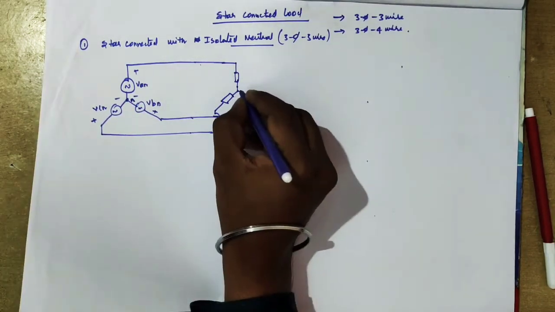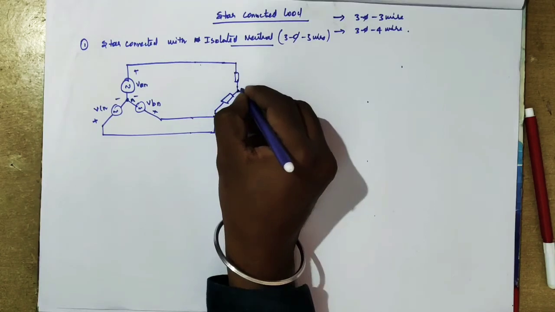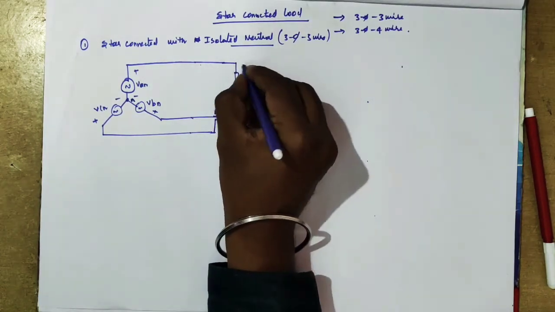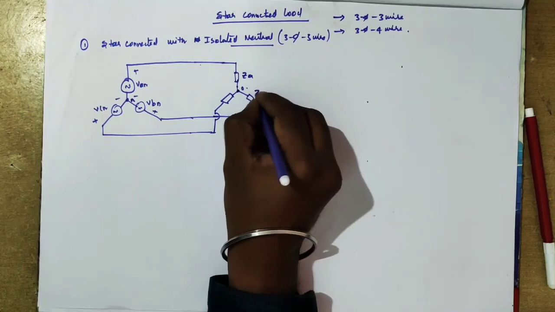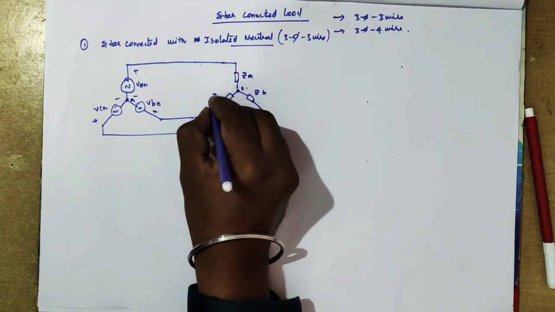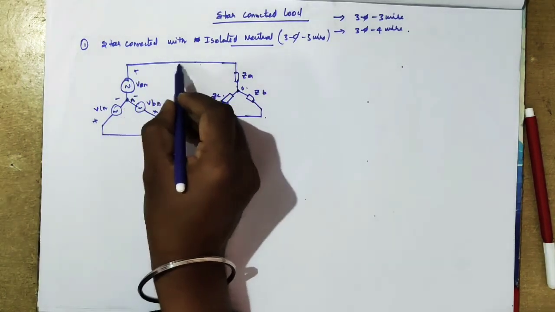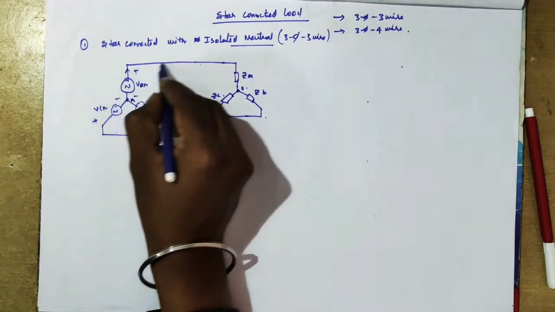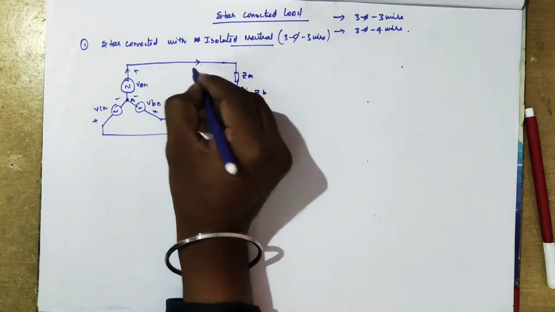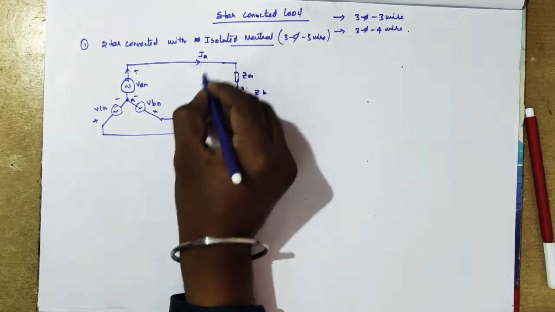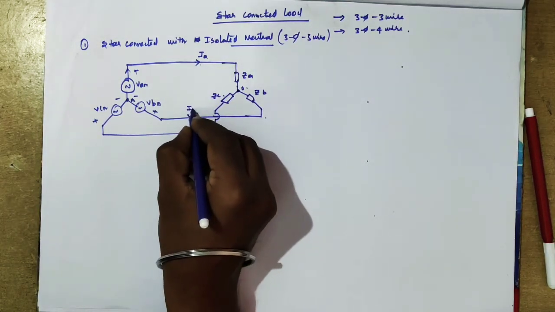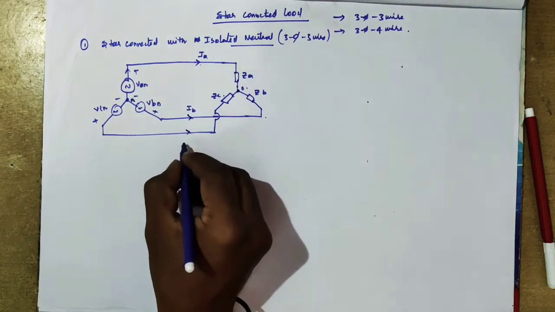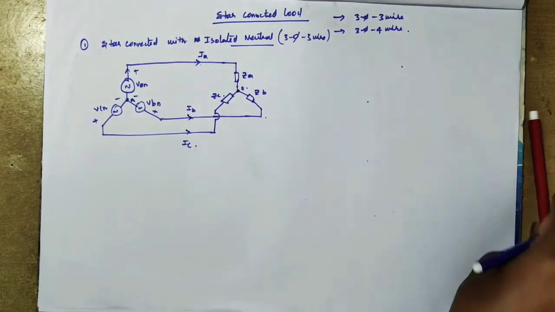I am taking this point as O, and this load ZA, this as ZB, and this as ZC. Now the current is flowing from this source, and the current, let us say this is IA, this is IB, and this is IC.